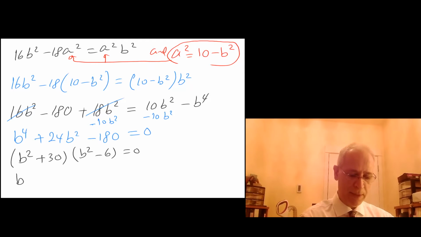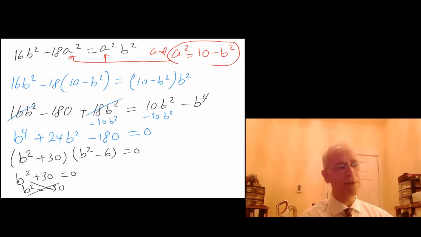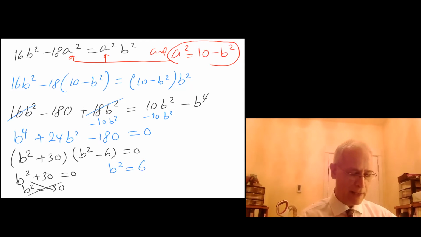Using the zero product property, I say b squared plus 30 equals 0, so b squared equals minus 30. That produces no real solution. b squared cannot be a negative number. How about this one? b squared equals 6. I was looking for b squared, and I do have b squared.